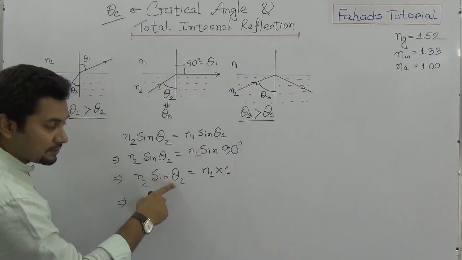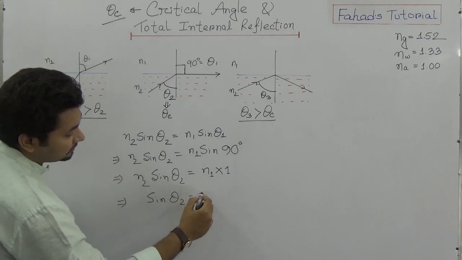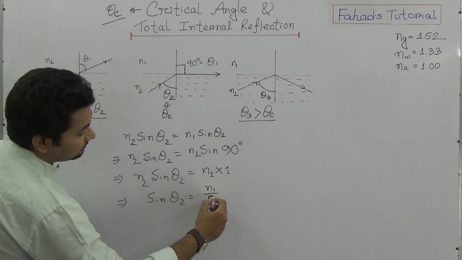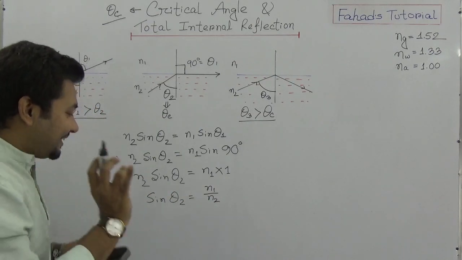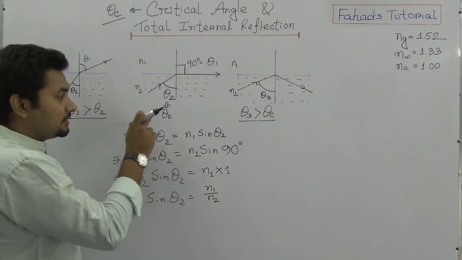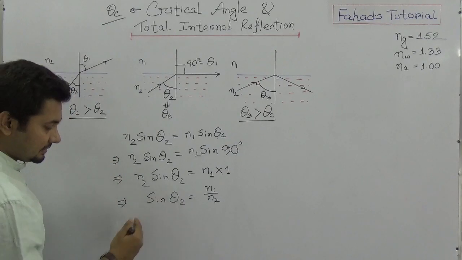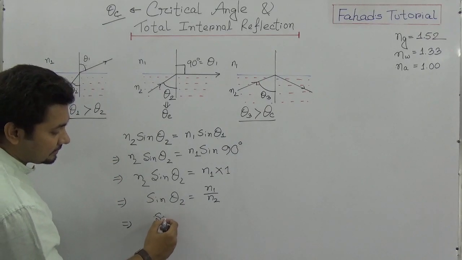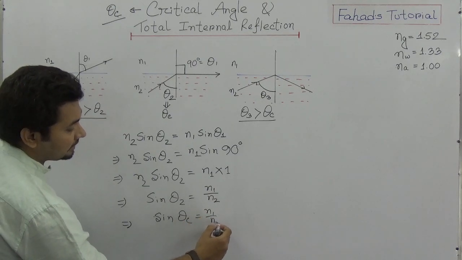So what is going on? Now we can see this sine theta 2 is equal to n1 by n2. And now we also can say this theta 2 is actually theta c, because as it is theta c, the other angle was 90. So we can say that sine theta c is equal to n1 by n2.